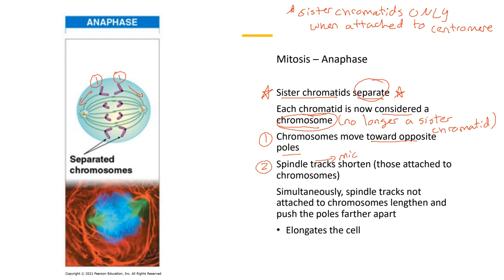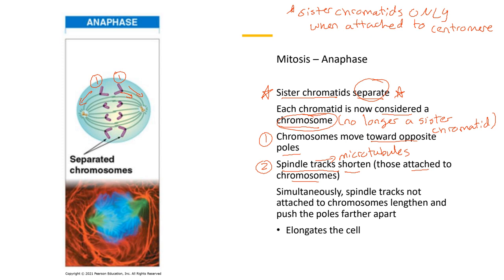So you don't get confused, think of the spindle tracks as something made of microtubules. Think about the spindle tracks as a team and the microtubules as the different players in that team. Some spindle tracks are going to shorten, and these are going to be attached to the chromosome. So for example, this microtubule is going to shorten.